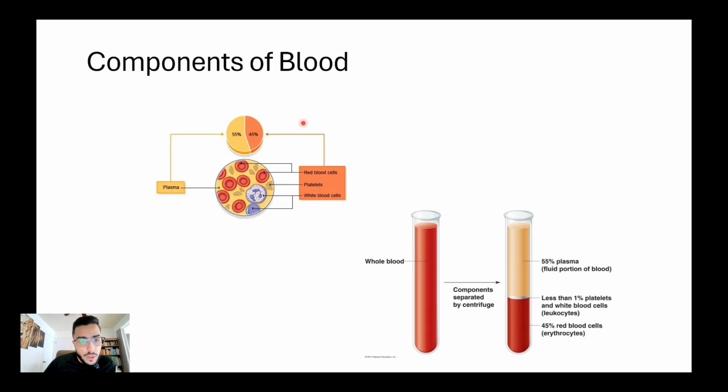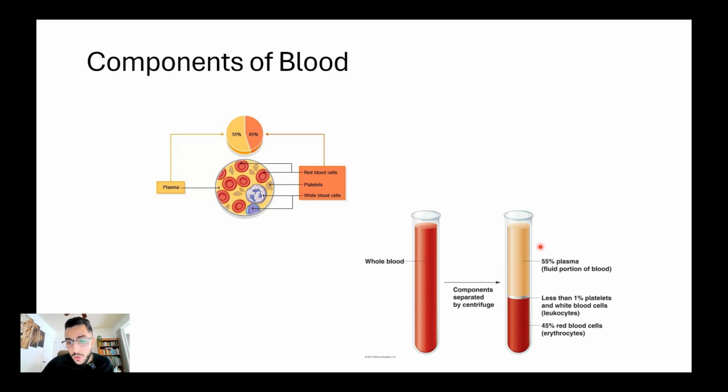And so the blood is divided in somewhat specific ratios for a healthy person. If you take the whole blood that is taken from, let's say, a patient, and you run it in a centrifuge and rotate it using centrifugal force, you're able to separate it into its different components because they have different weights, let's say.